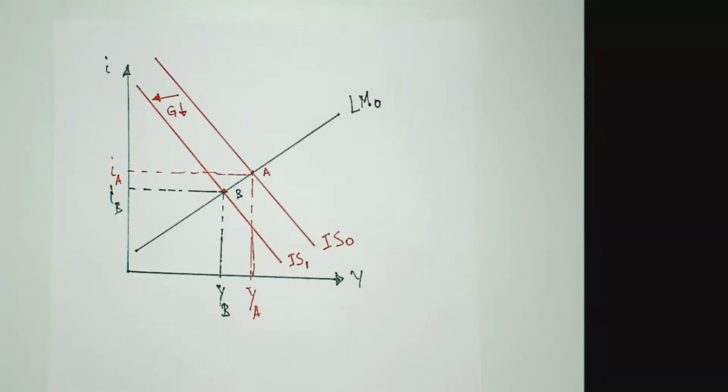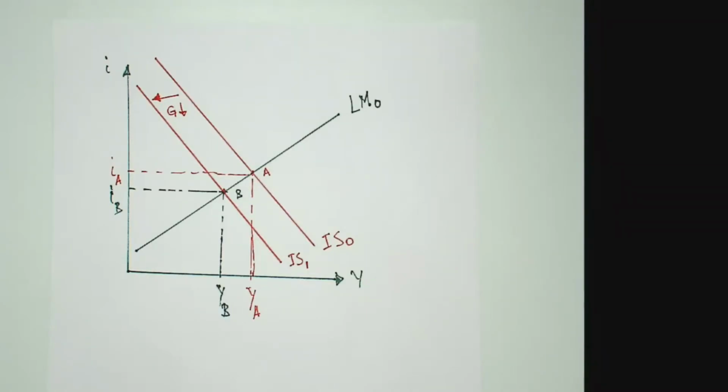However, an independent monetary policy can counter the negative effects of contractionary fiscal policy on income. As you have seen in this curve, our income decreased from YA to YB.